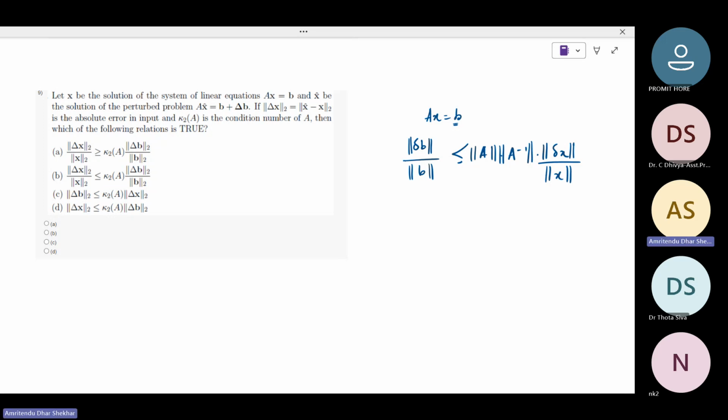This is just straightforward. This is how we arrive at the definition of the condition number.